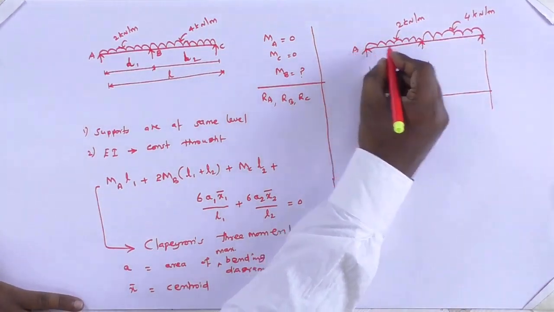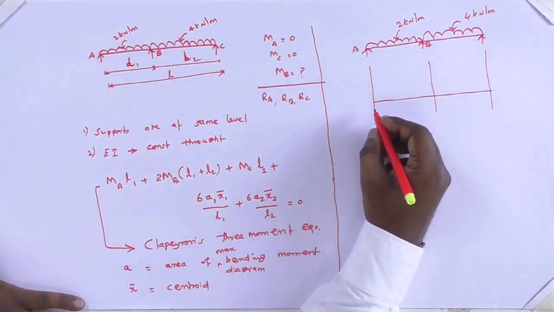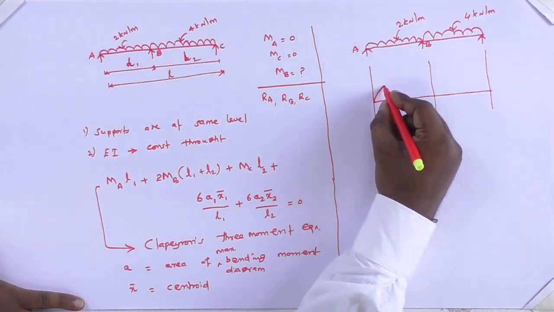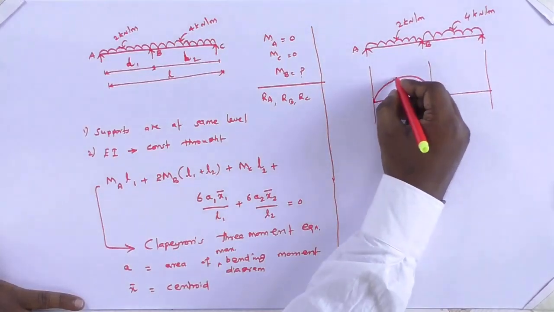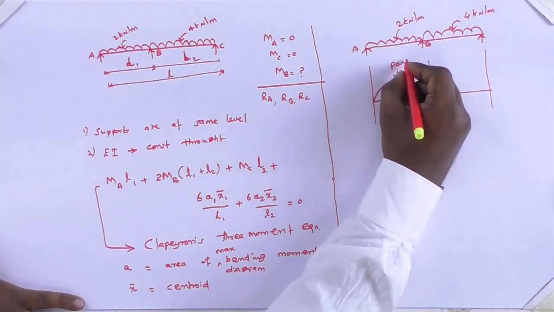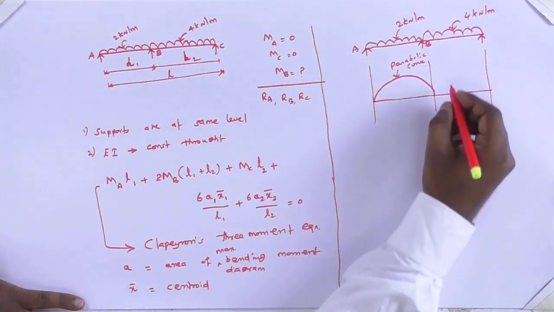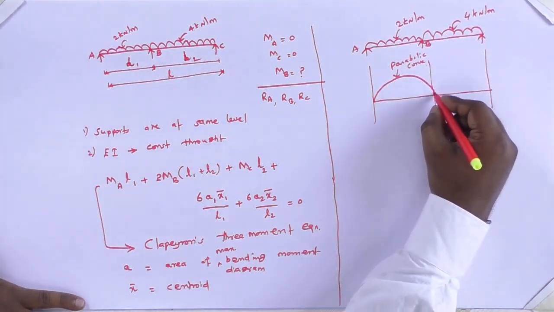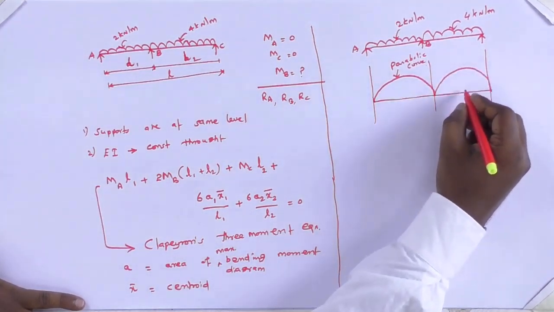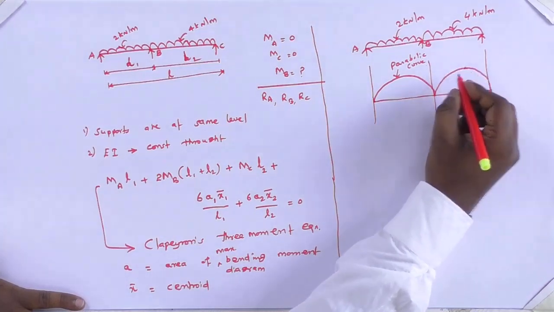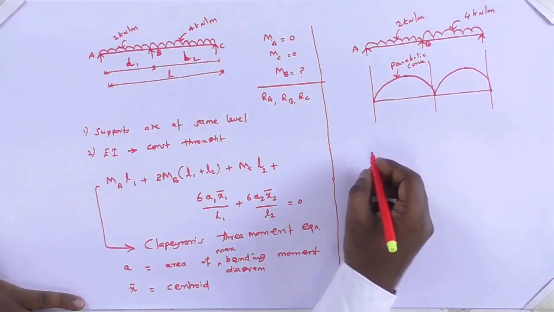This AB is a portion of UDL. So the bending moment diagram will be like that. It's a parabolic curve, as well as here also the UDL. So it is also a parabolic curve. So the height will indicate the maximum bending moment value. So here it is also.